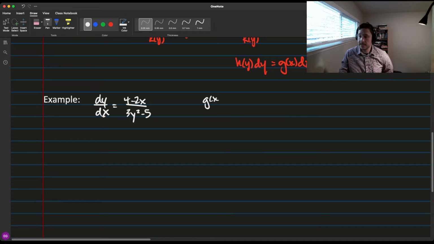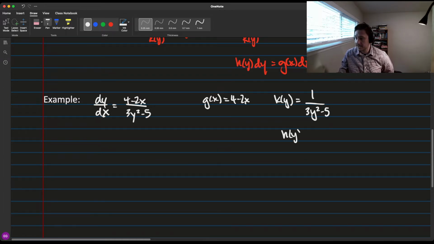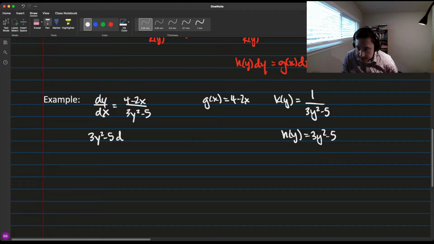Yes, my g of x would be 4 minus 2x, and my k of y is going to be 1 over 3y squared minus 5. You multiply those two together and you get what you want, which means that my h of y is just going to be 3y squared minus 5, right? So what you get is (3y squared minus 5) dy equals (4 minus 2x) dx.